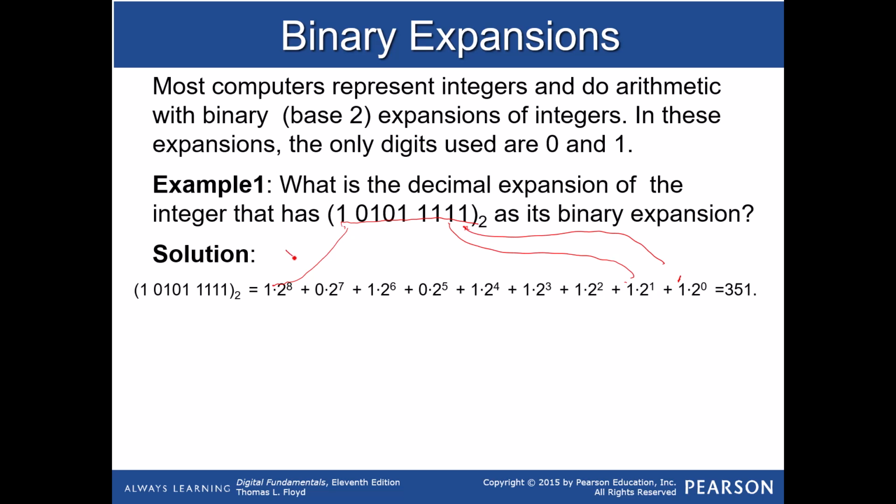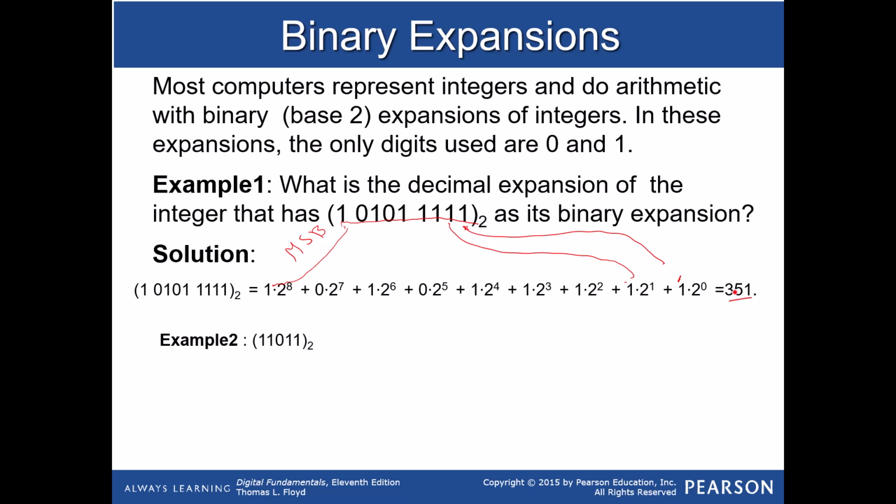So we call this one the most significant bit. This is the leftmost bit. And as you can see here, the power is incrementally increased from 0, 1, 2, up to the last one. All right, and then we just simply calculate, and we get 351.